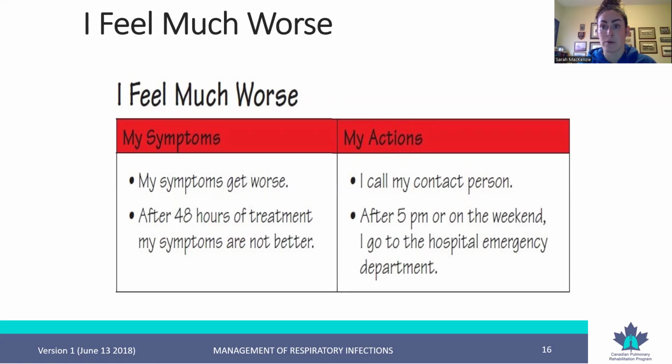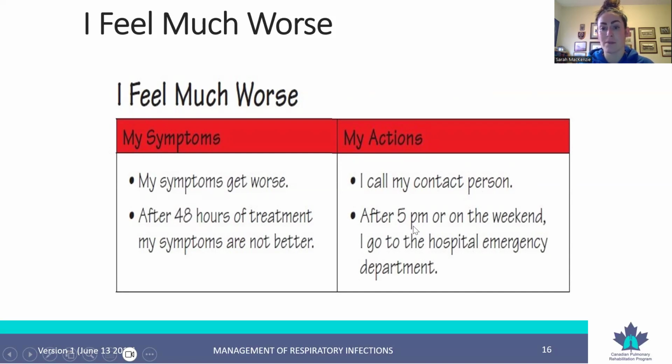That could be a multitude of reasons. Maybe the antibiotic you're on is not treating the specific bug that you have. Maybe there's something else going on as well, or maybe the infection is just too great to manage at home. So whatever that reason is, at that 48-hour mark, if things aren't looking good, or if you're starting to go downhill, you need to go to the hospital.